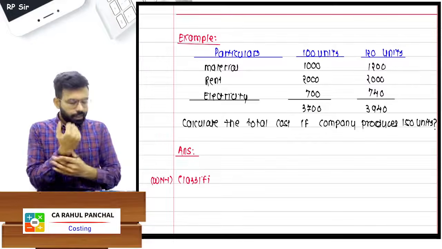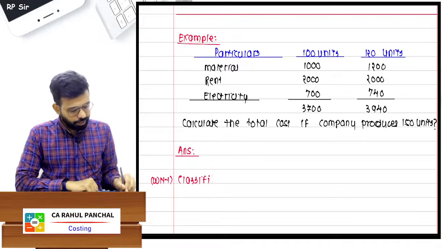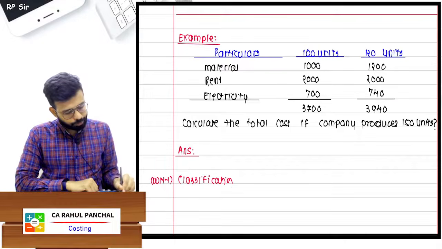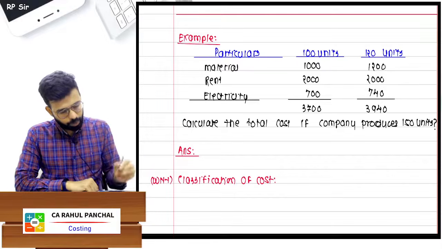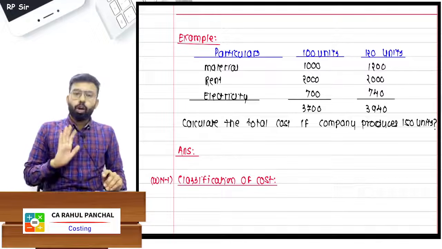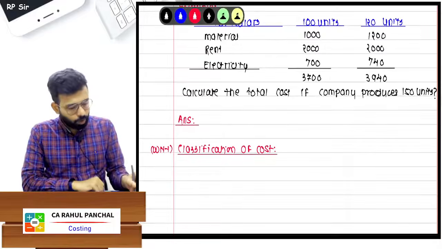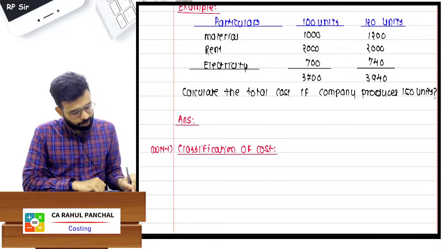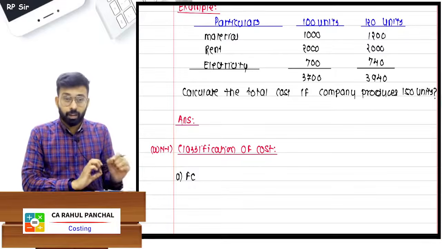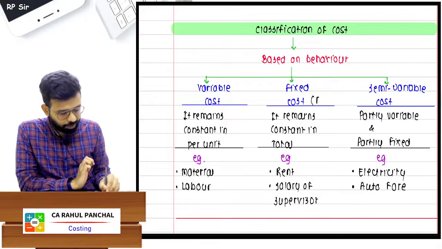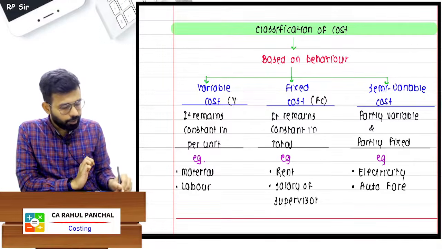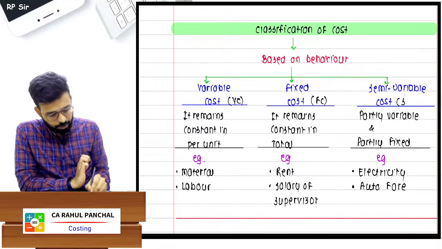Now, when we talk about classification of cost, first we will always identify fixed cost. I will write FC for fixed cost, VC for variable cost, and SVC for semi-variable cost.